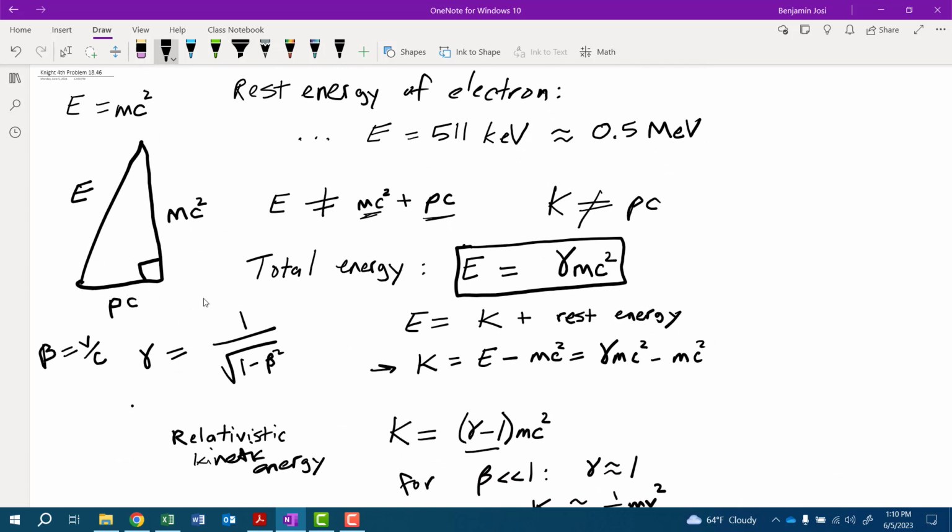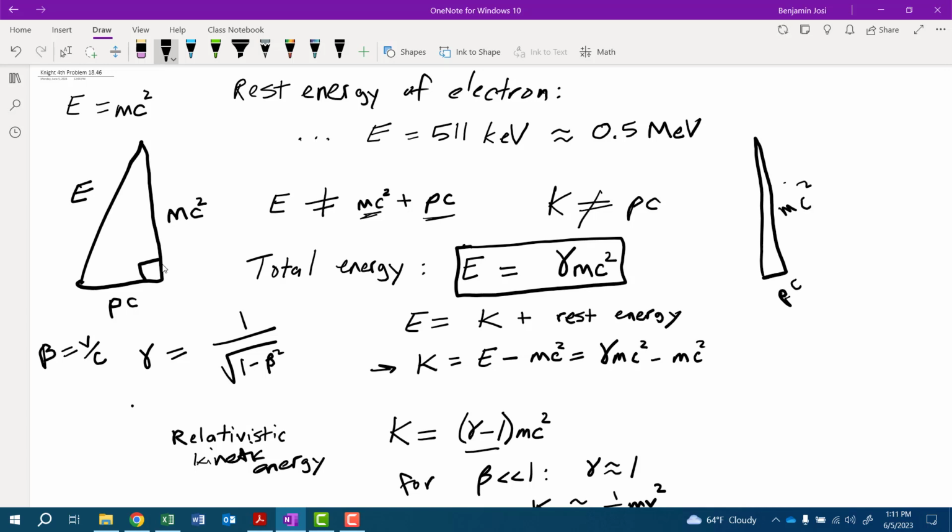But if you look at how Pc compares to mc squared, like here's a non-relativistic particle. It's a lot harder to draw triangles here. Here's a really skinny right triangle. See how Pc is real small compared to mc squared?